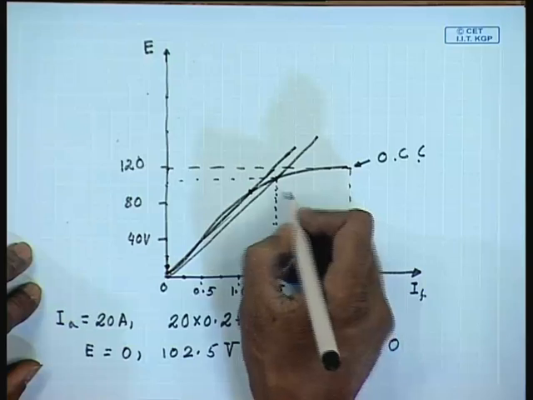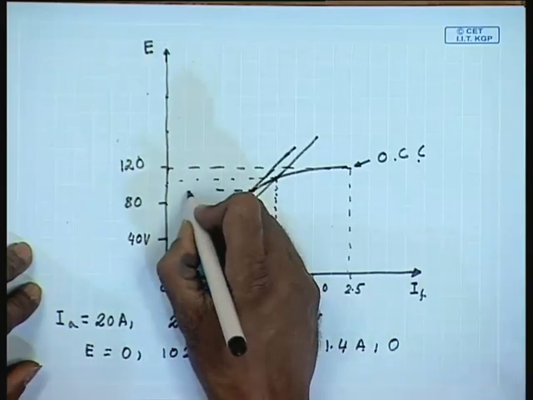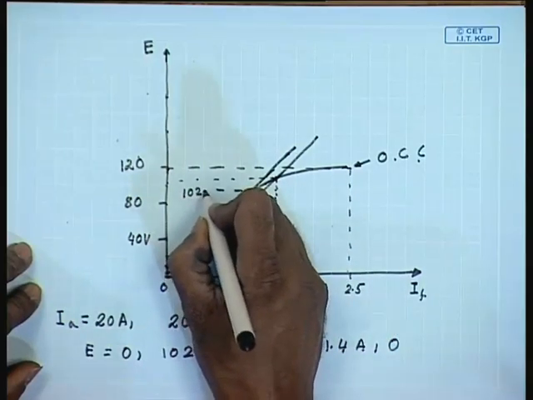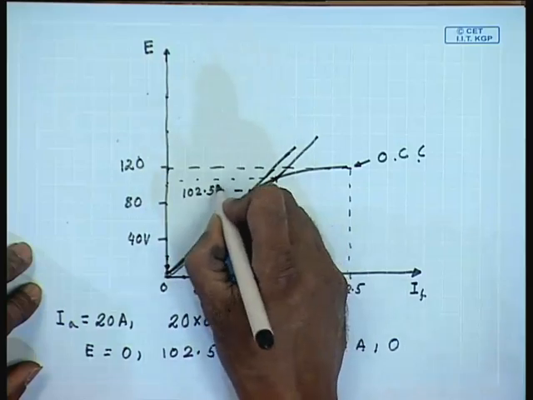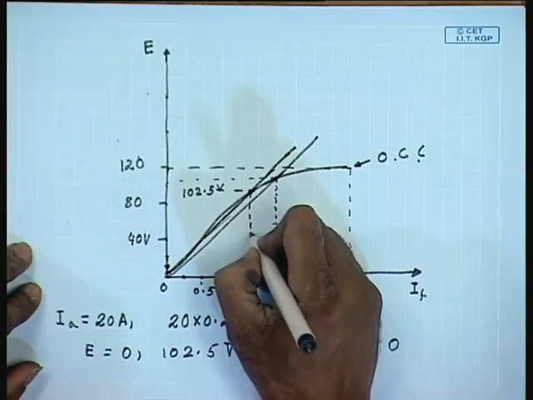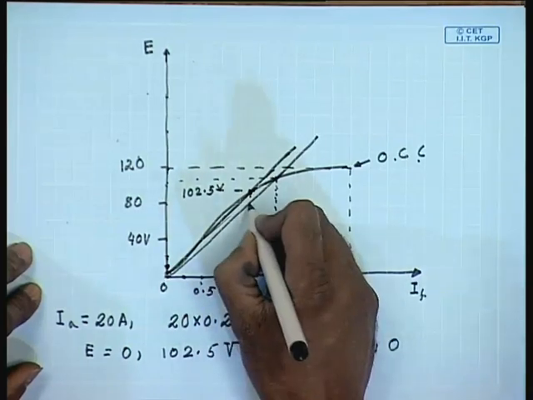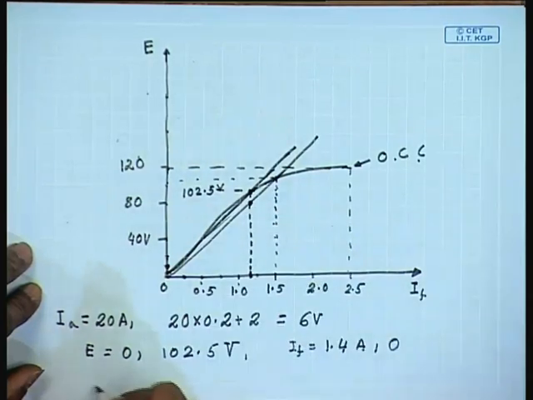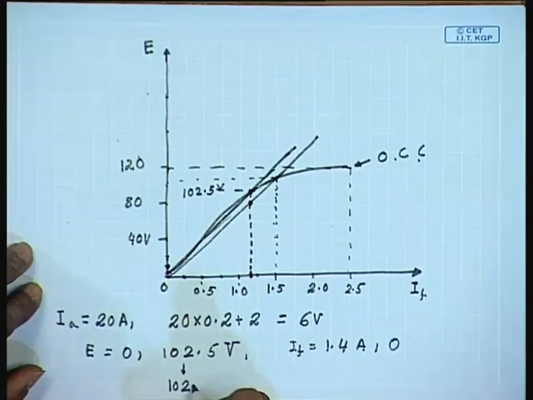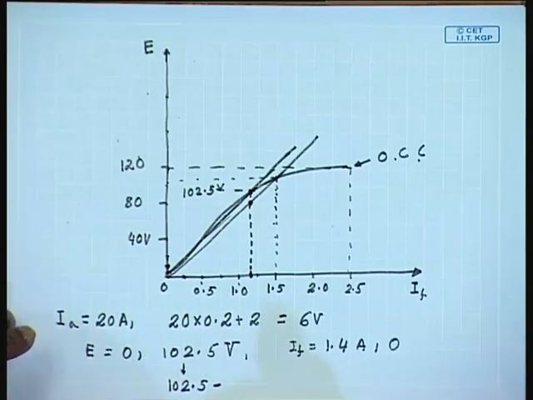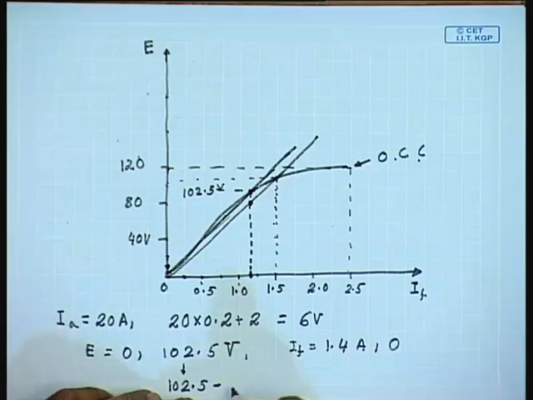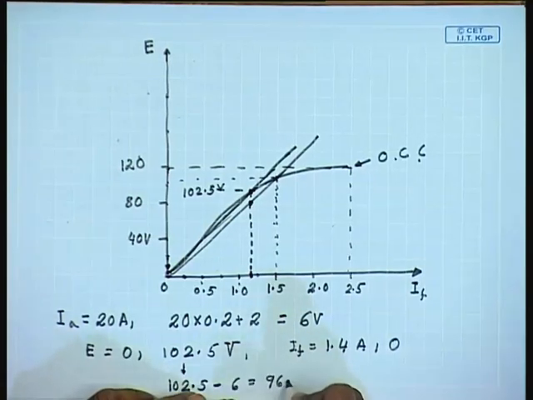The corresponding terminal voltage Vt corresponding to this will be 102.5 minus 6 equal to 96.5 volts.